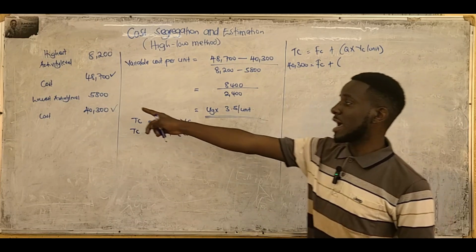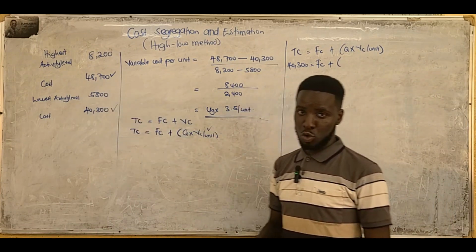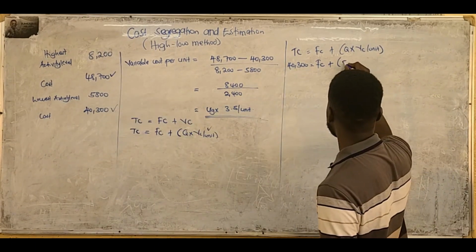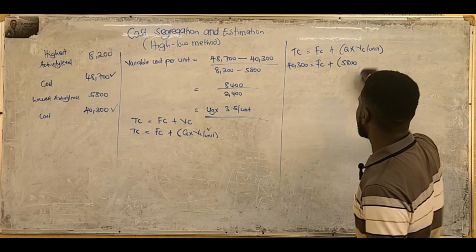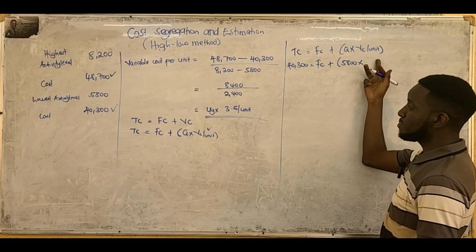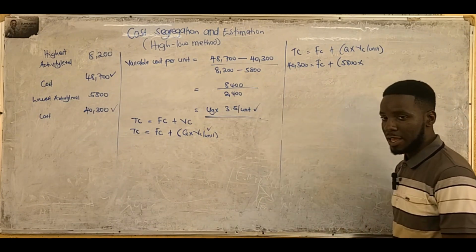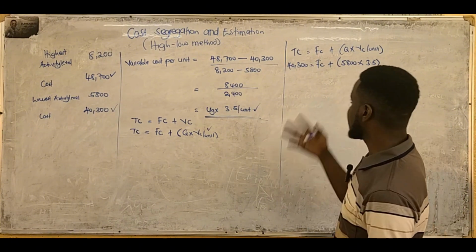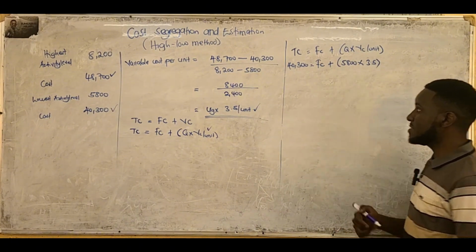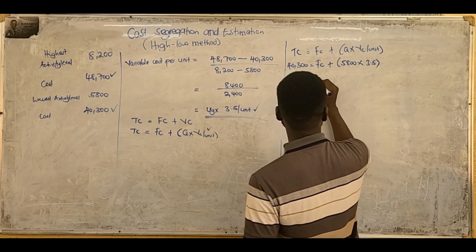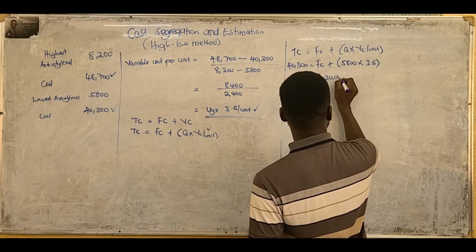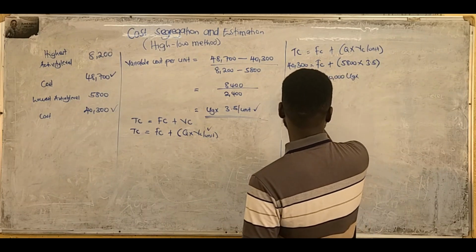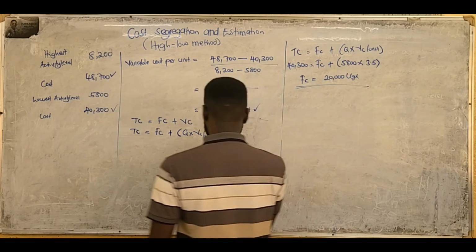The quantity now becomes the production unit or the output level. So it becomes the what? The quantity. We shall have 5,800. Then multiplied by the variable cost per unit, which you have just calculated here, which is 3.5. Okay, then after doing this, we make change of subject, and our fixed cost will be 20,000, of course, Ugandan shillings. Okay, so that's our fixed cost.